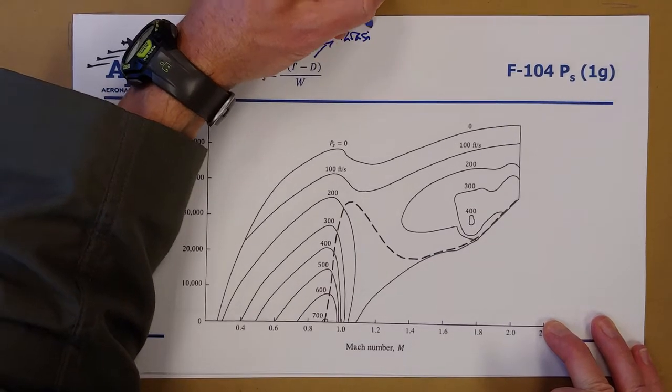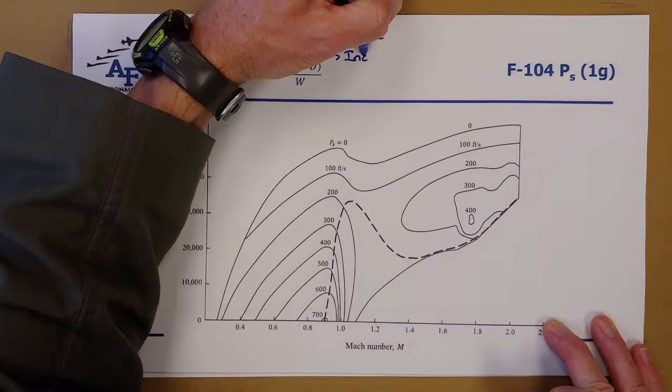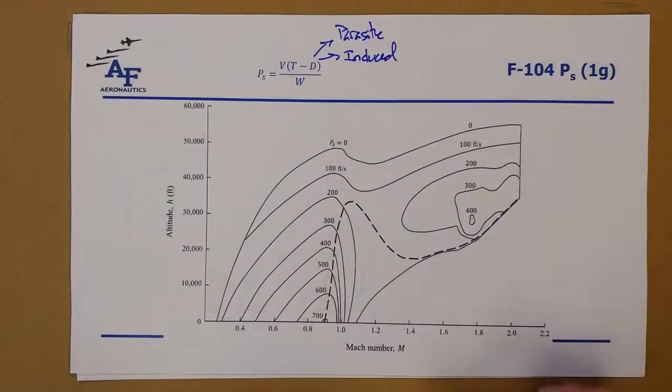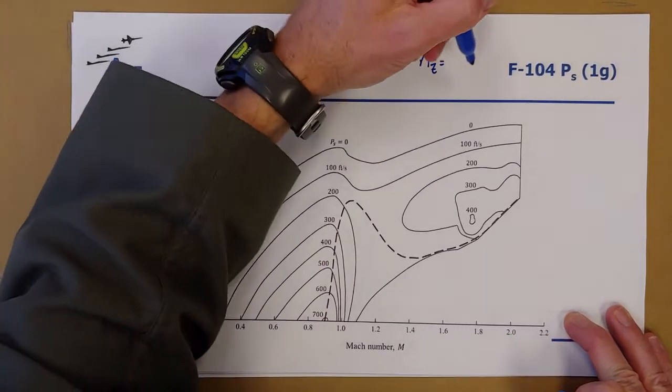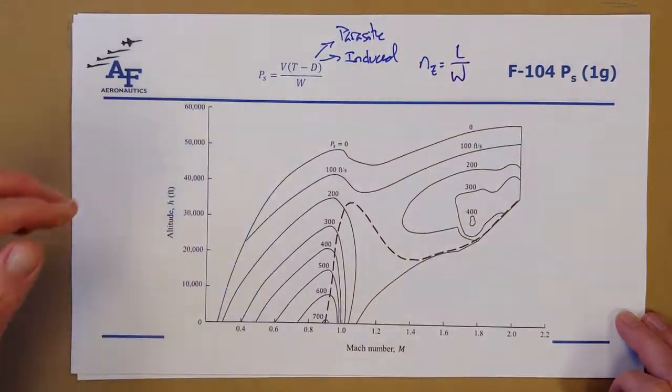That changes with airspeed. But our induced drag does change with G, because again, induced drag is drag due to lift. G's are produced by producing more lift. Remember, Nz equals lift over weight.